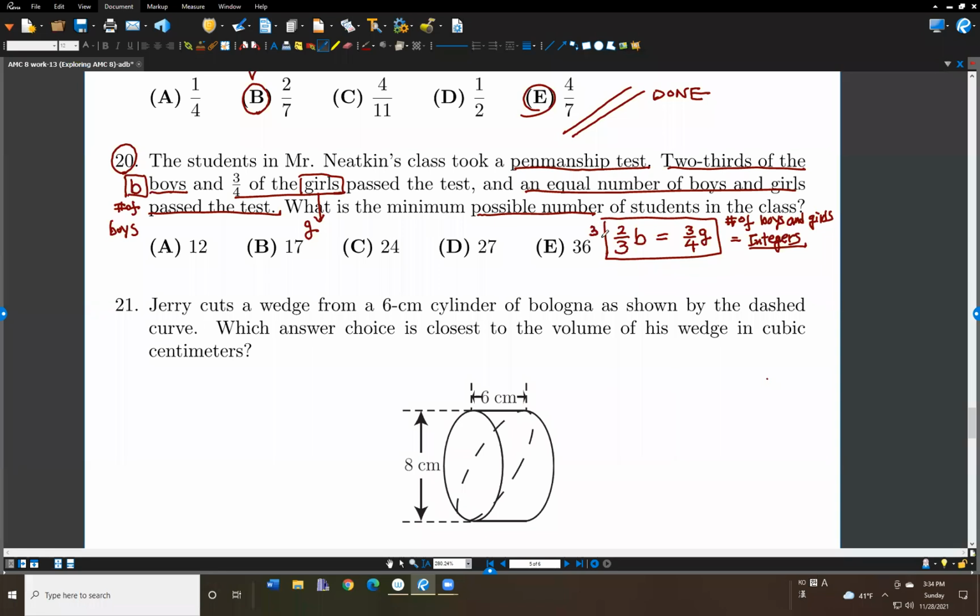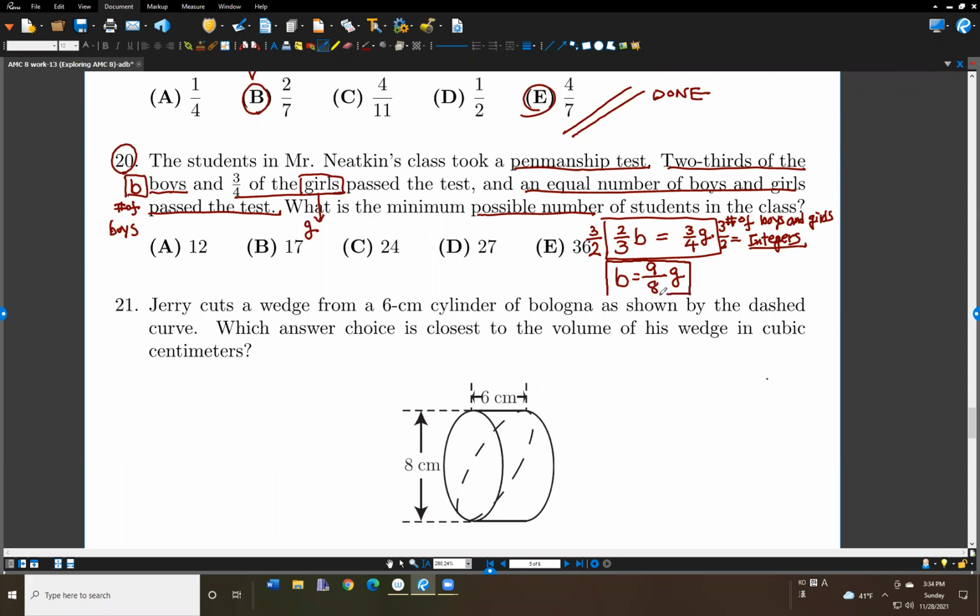So multiply 3/2 on both sides. When you multiply this, 3 times 3 is 9, 4 times 2 is 8, and the number of girls G. We just simplify the form.